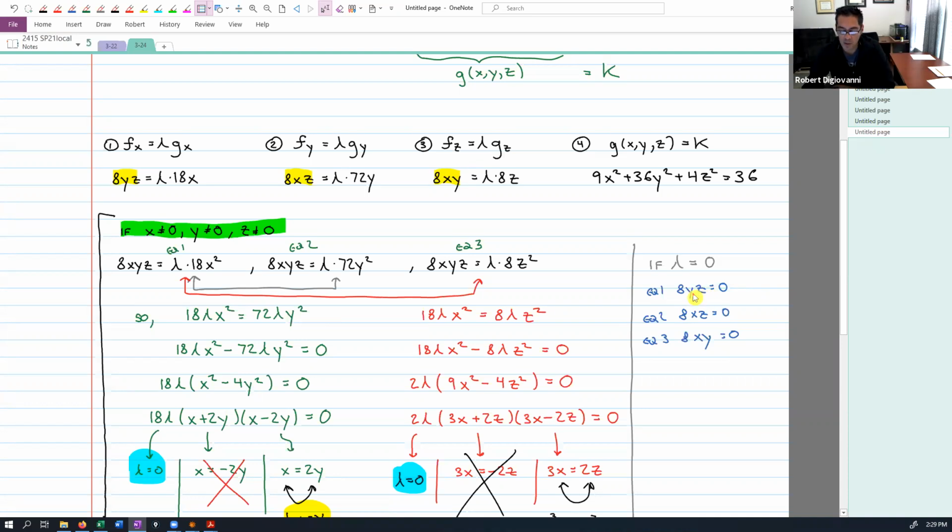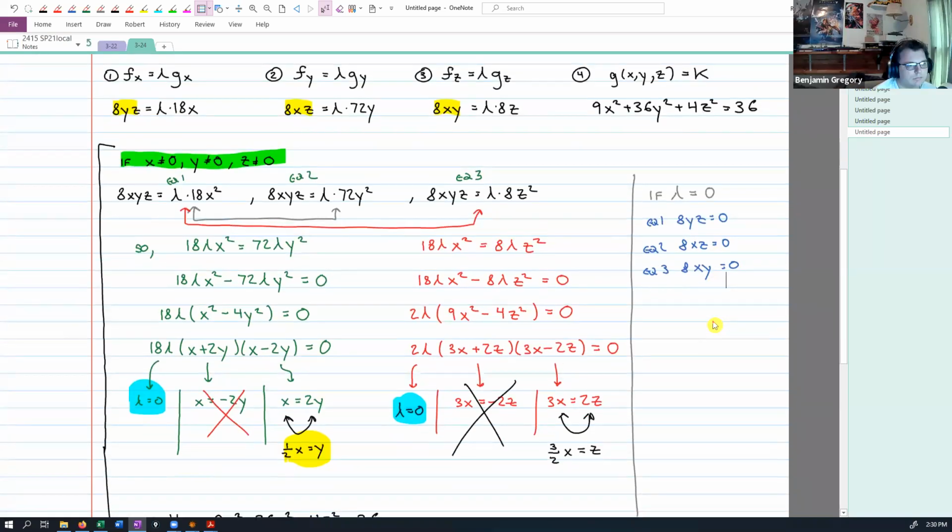So let's just say y was 0. If y was 0, wouldn't this one be 0 also? These would both be 0. Now, what about this one? This is where things get a little weird.